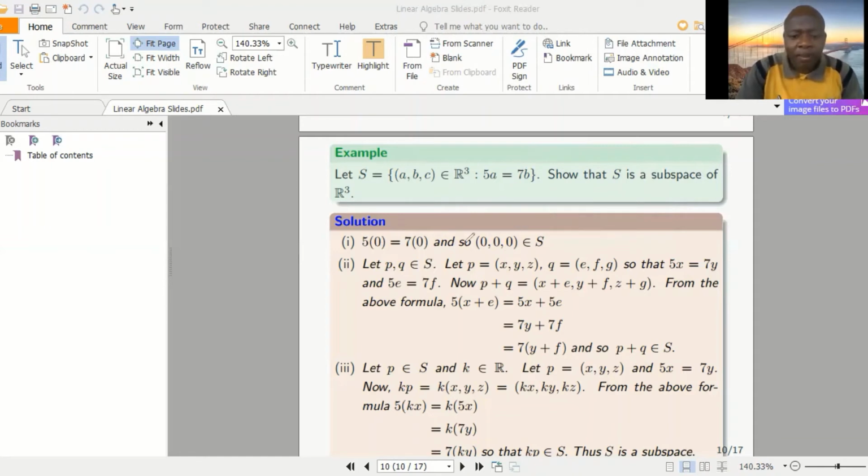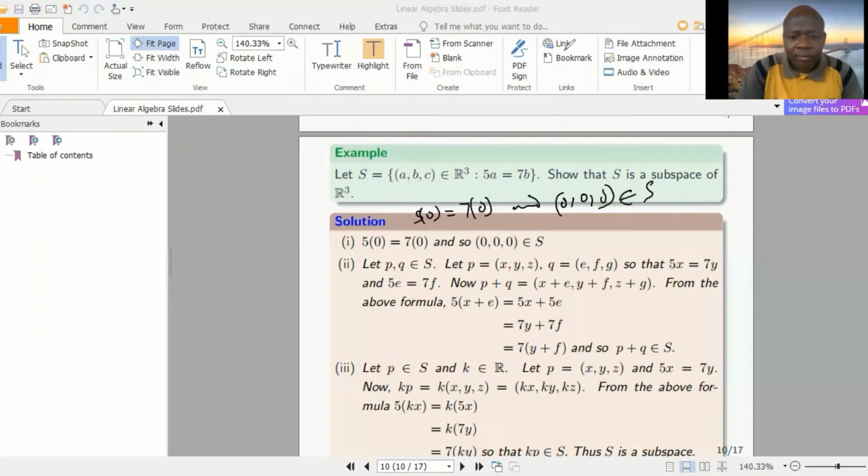So in fact, that means that S contains the 0 vector. Because if I have 0 times 5, I would get 0 times 7, which would be 0. And therefore, 0, 0, 0 is in S. The 0 vector is in S.